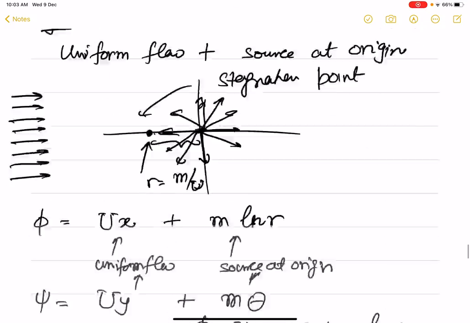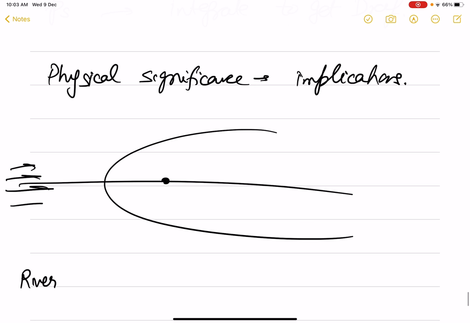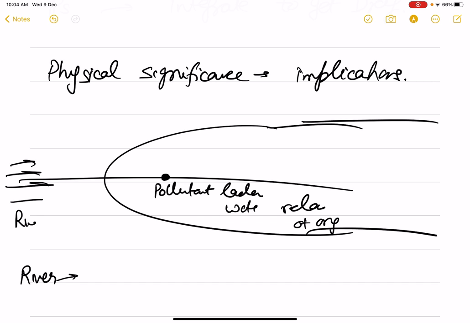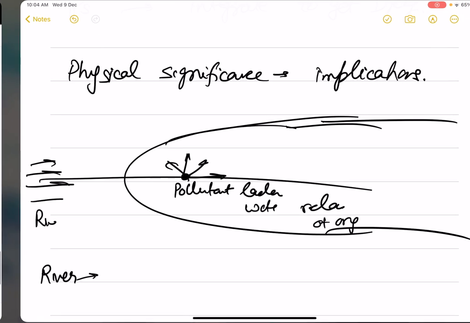So we are talking about the physical impact of this. Suppose pollutants laid in water are being released at the origin, and this is the flow of a river. So this is the river which is flowing and pollutants are being released from this point. Then what we know is, because there is a streamline like this, the pollutants which get released will not be able to cross the half body.